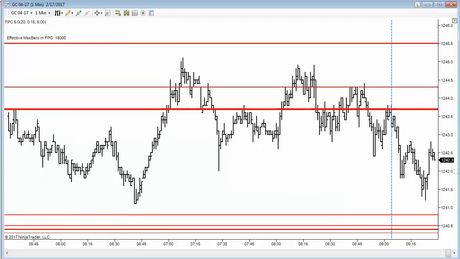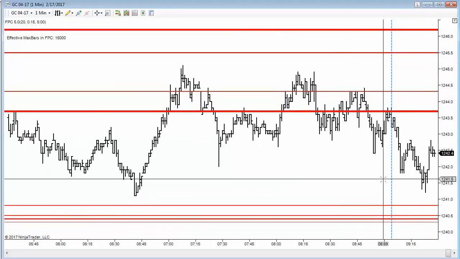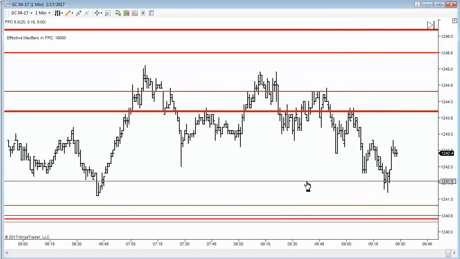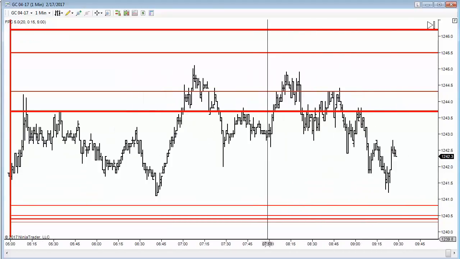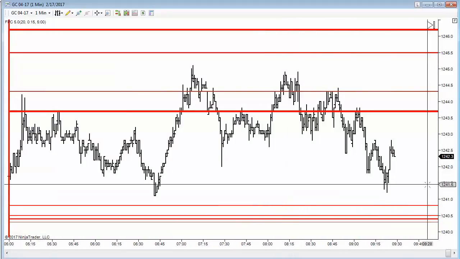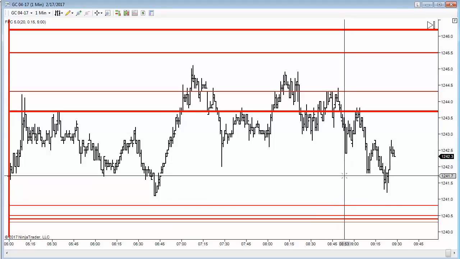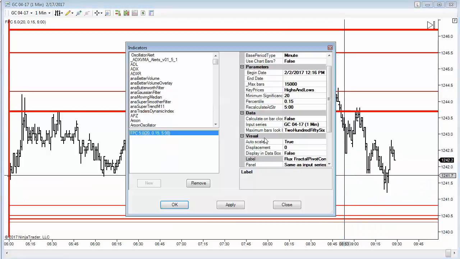Here are the same settings that we just applied on crude, applied to gold. And so when we have a scenario like this, Lisa, I'm getting some of the pivots, but I'm not accounting for everything, right? I have this big gap down here. So I'll go back to the default value, 20%.